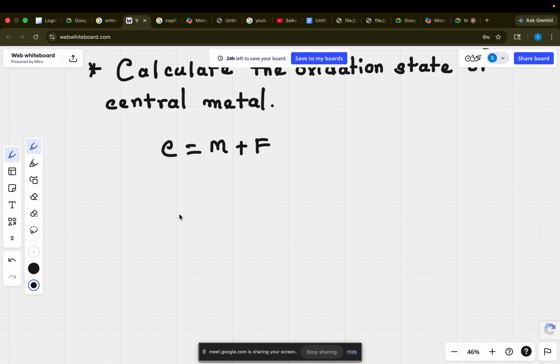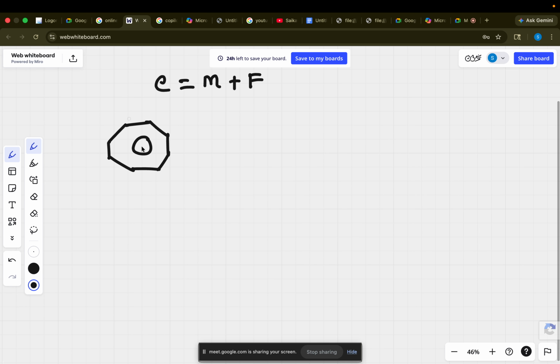So suppose initially I have this compound, 1 2 3 4 5 6 7 8. So this is an 8-membered ring. You have uranium here, and this is also an 8-membered ring.